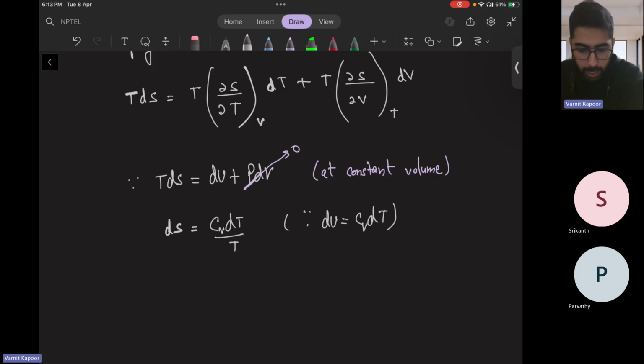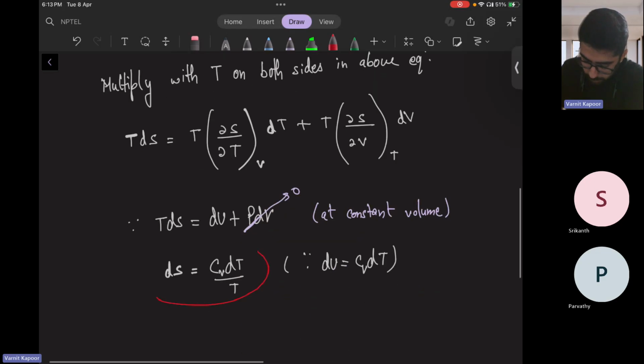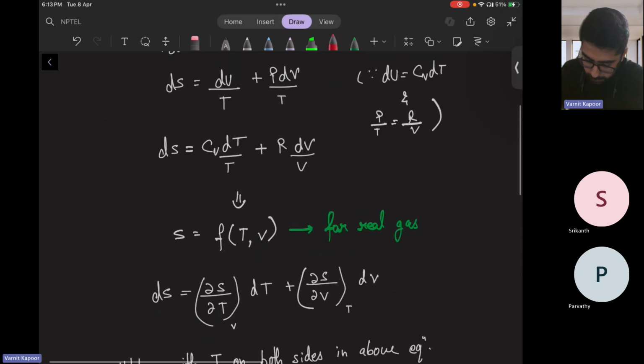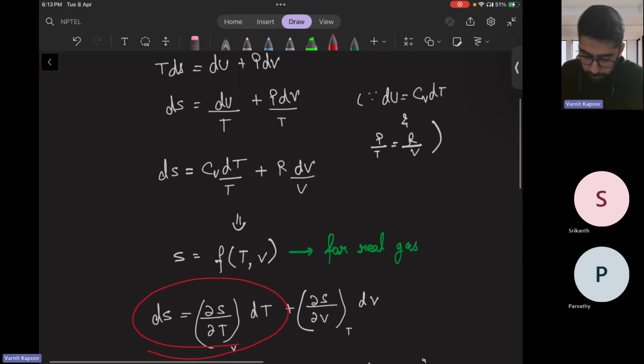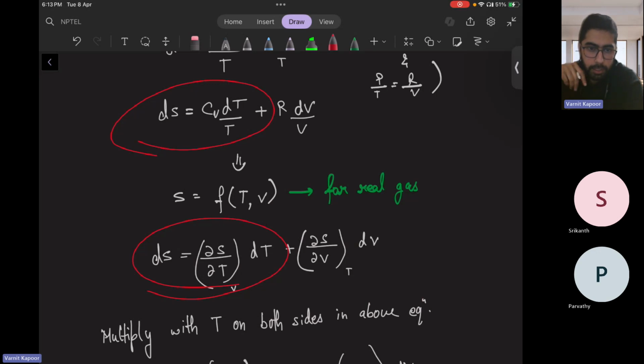If you compare this term with this term, because both are entropy change only at constant volume.